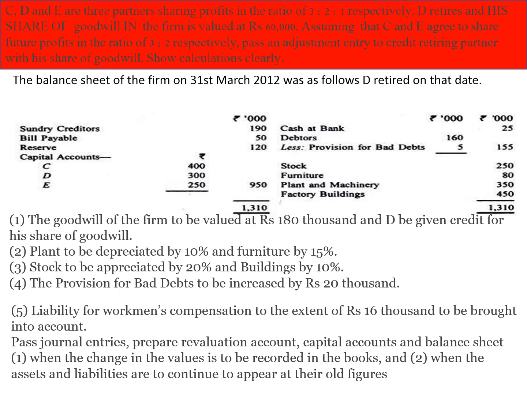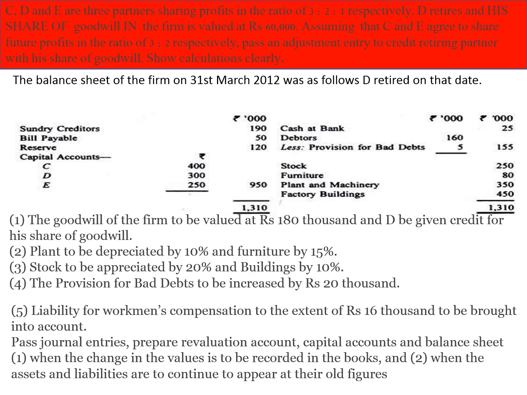In the new balance sheet, we will show the same creditors 1,90,000, bills payable 50,000, reserve 1,20,000, and capital accounts, whatever we are getting.